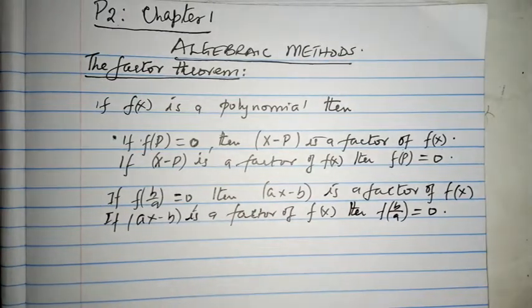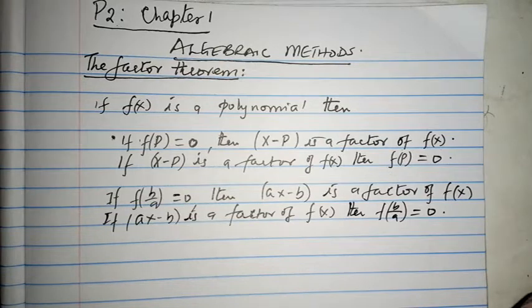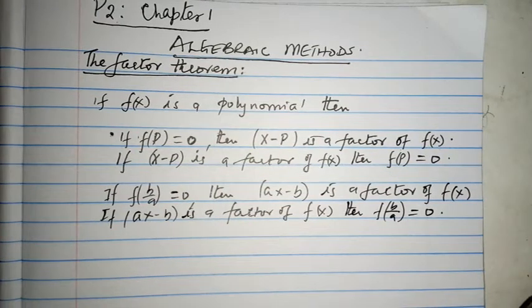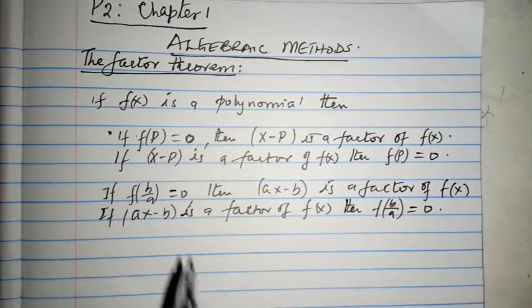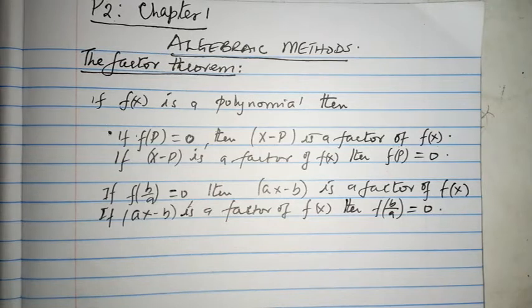It's the same thing said in reverse. And we know that a factor is a divisor that will divide a function without a remainder. If we divide without a remainder, then that is a factor. That is why we're talking about f(p) being equal to 0.